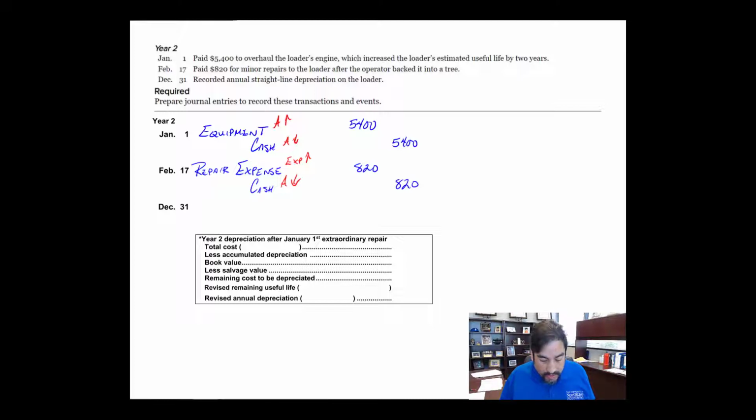And then on the 31st, record the annual straight line depreciation of the loader. So we've got that similar formula that we saw in the slides, and it is book value minus new salvage value over new useful life.